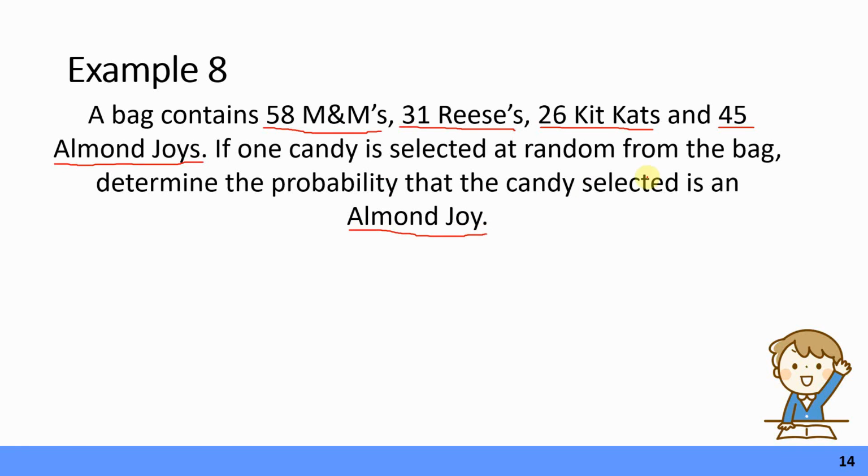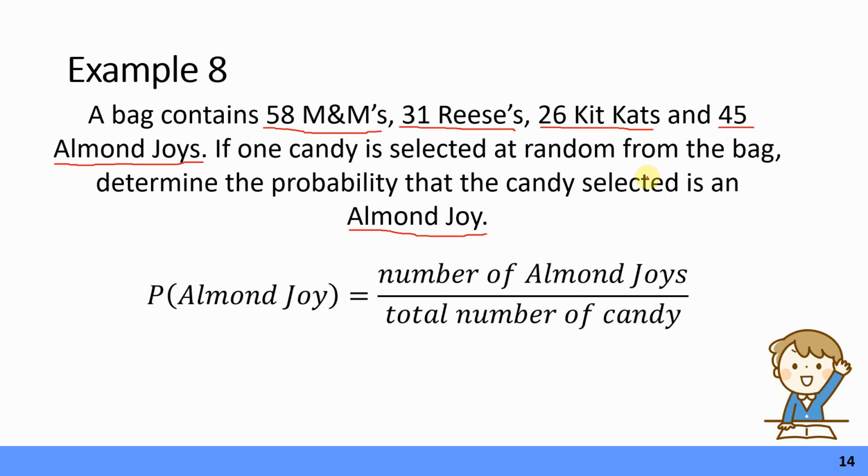So again, these problems are all the same. You set it up the same way we've been setting them up. So remember, your total is always going to be on the bottom. Now, what in the world is going to be the total? I don't give it to you in the problem, but you should be able to figure it out, right? If there's 58 M&Ms, all you have to do is add it to the 31 Reese's, add it to the 26 Kit Kats, and add it to the 45 Almond Joys.